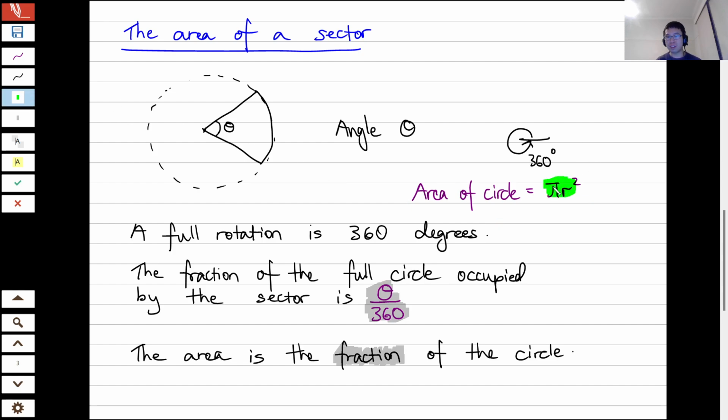So I know that too. Hence, I can put these two facts together to get the area of a sector is theta on 360 times pi r squared. Just putting those two facts together. I know the area of a circle, pi r squared, and I know the fraction of the circle that I want, theta on 360. And so the area of the sector is just those two things multiplied together.